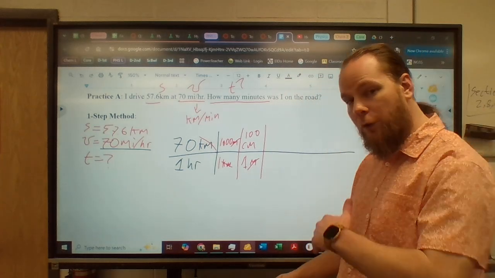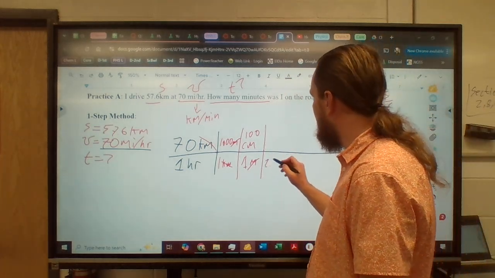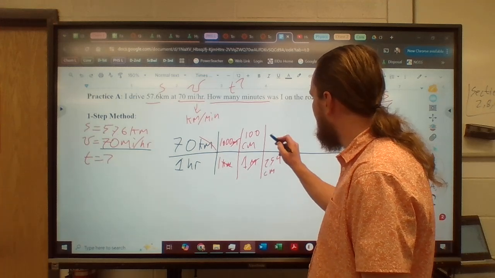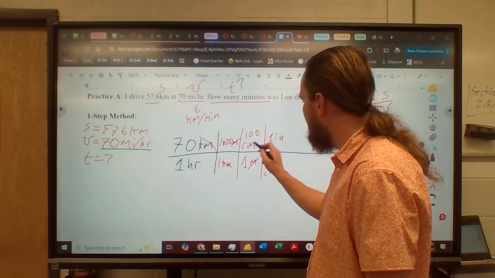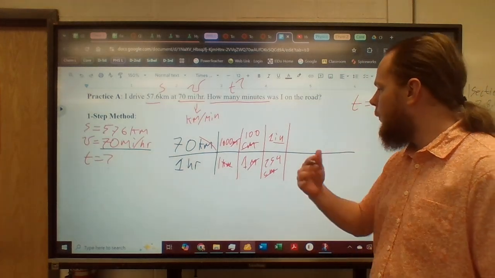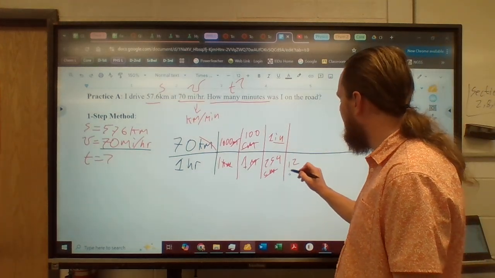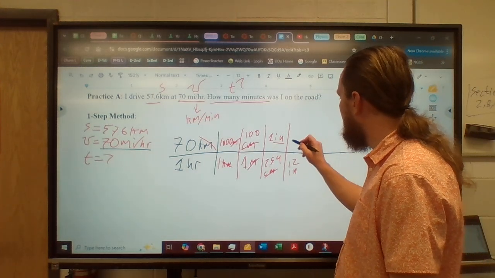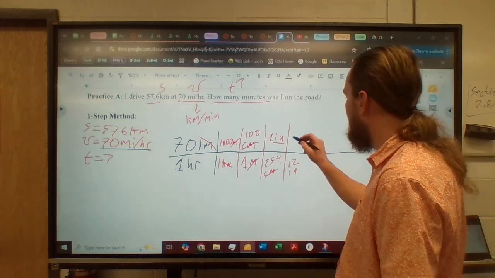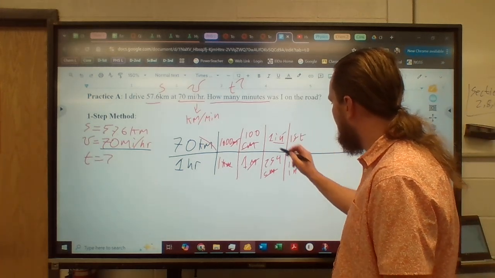Then centimeters goes to inches. So 2.54 centimeters per 1 inch. Centimeters cancel. Now we're in inches. Inches goes to feet. So 12 inches per 1 foot. Inches cancel.